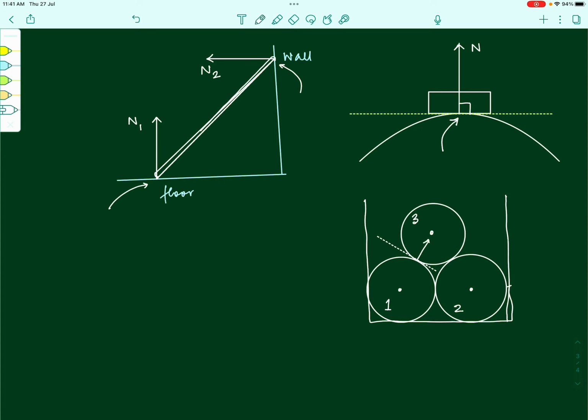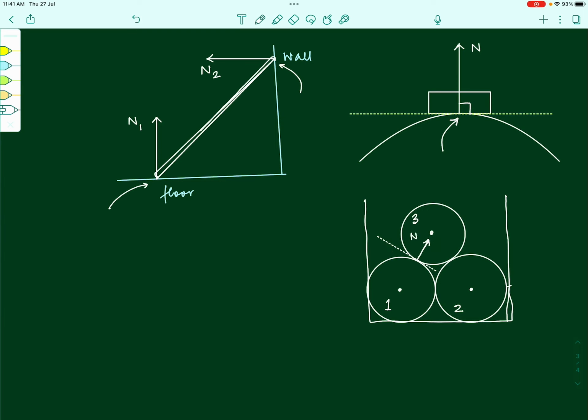So this will be the direction of normal reaction which ball 1 will exert on ball 3, because it is towards ball 3 and away from ball 1. So this surface is exerting a force on ball 3 in this direction. Let us call it N1, the normal reaction coming from ball 1 on ball 3.